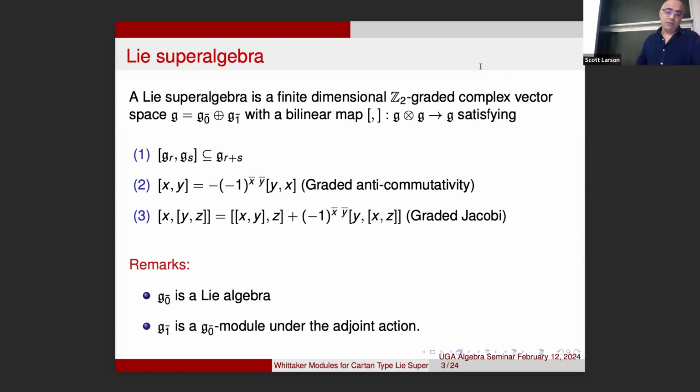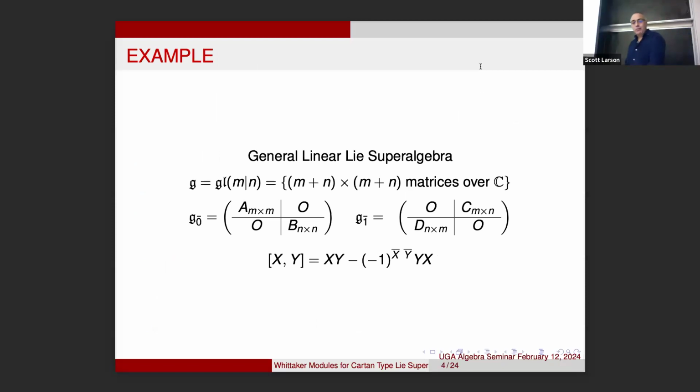Of course, we define this for homogeneous elements and then linearly extend it to all of it. So we have a super version of everything. We have the general linear algebra, and we have the general linear superalgebra. You take the space of m plus n by m plus n matrices and decompose it as a direct sum of two vector spaces, even part and odd part. The bracket is a super version of the commutator bracket, xy minus yx.